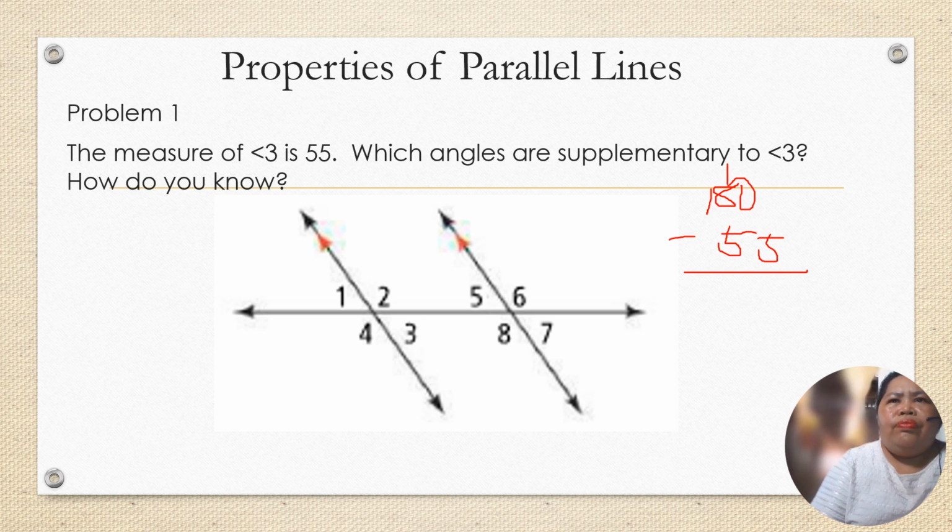So we have 5, and 7 minus 5 is 2, so 125. So this is 125, and this is supplementary to angle 3.